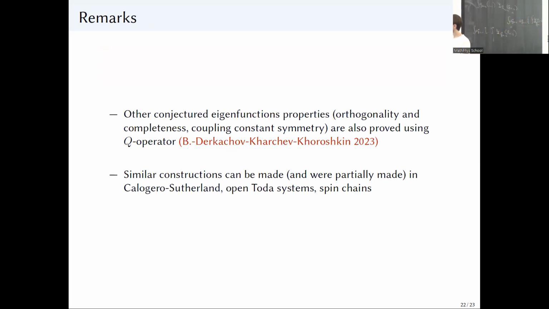Similar constructions can be made, and were partially made, in the other relativistic systems. As I said, this Ruijsenaars system can be reduced to the Calogero-Sutherland system by some limit. And the open Toda chain, relativistic or non-relativistic, is also a limit of this Ruijsenaars model. So the Ruijsenaars model is like the biggest thing in this family to my knowledge. And also the spin chains, which are kind of different. To get the open Toda chain you can take a limit, yes, but I don't know how you should do this.